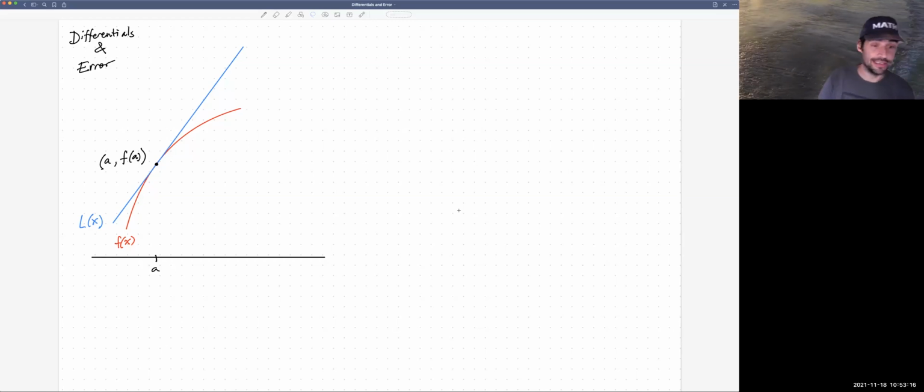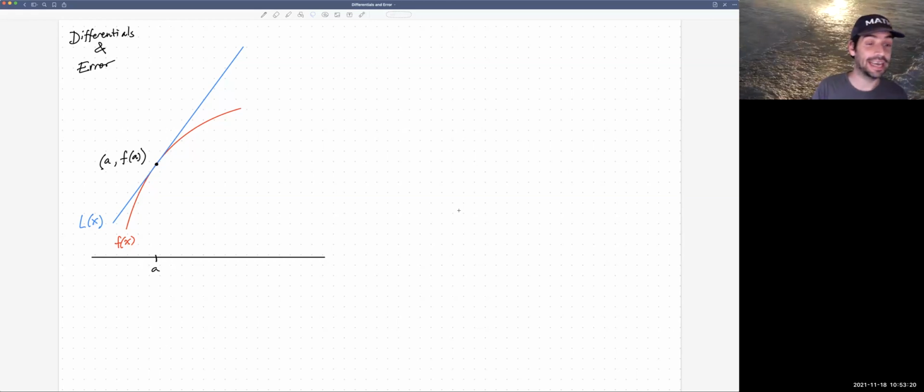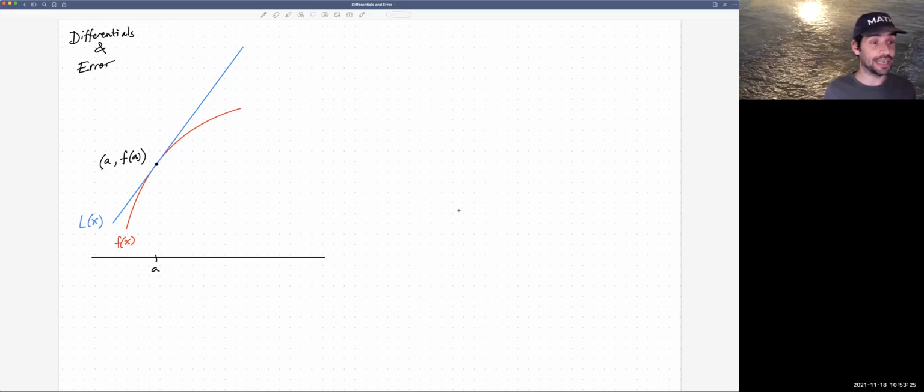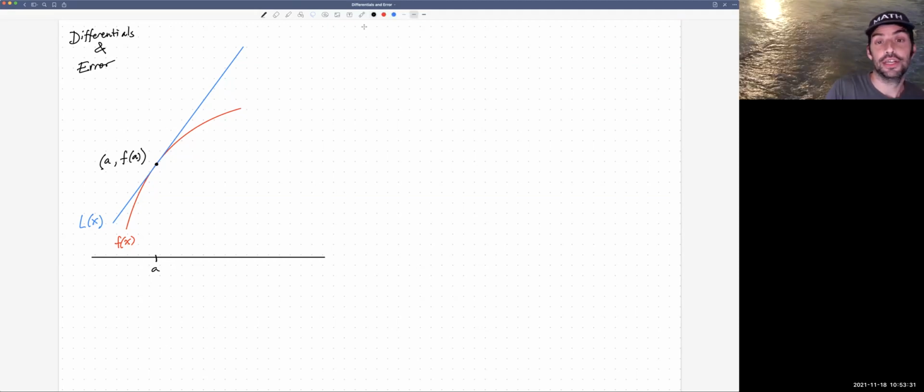Here we have a picture that is very familiar at this point. I've got a function f, and I have its tangent line at the point a, f of a, which we're now just giving this name L of x, the linearization of f at a, right? So let's put that in.